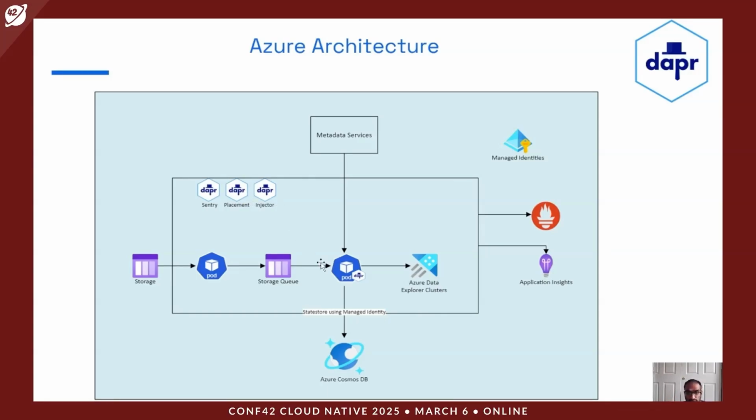And then the Dapr running in the sidecar pod has to communicate to the state store. In this case, it is the Azure Cosmos DB state store using the managed identity. And then finally, all the metrics and logs coming from the Kubernetes infrastructure are sent to Prometheus for metrics and Application Insights for logging.